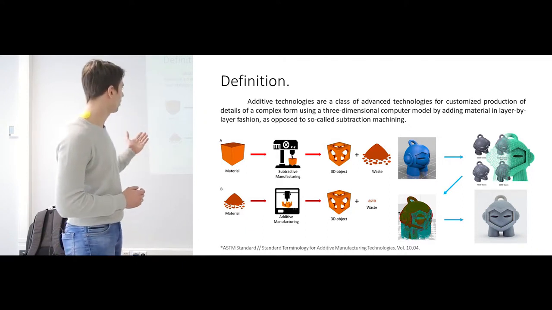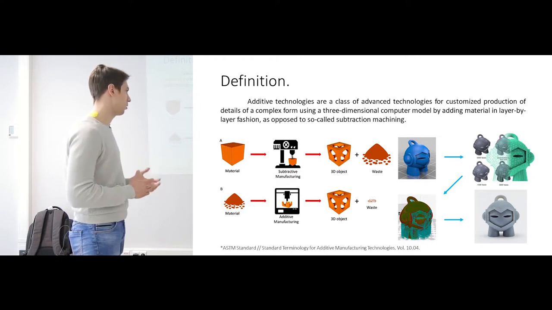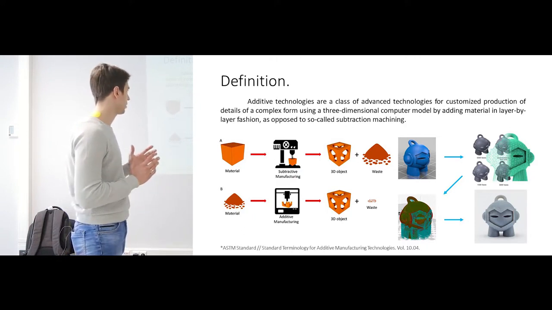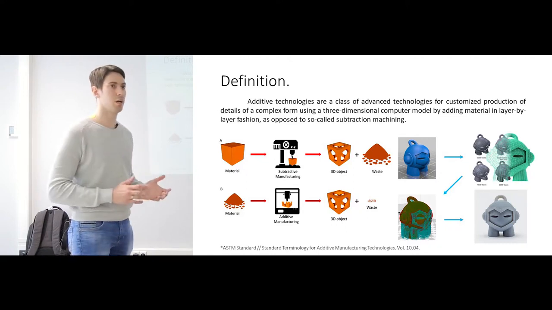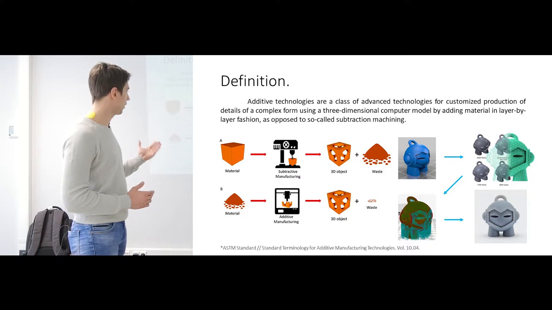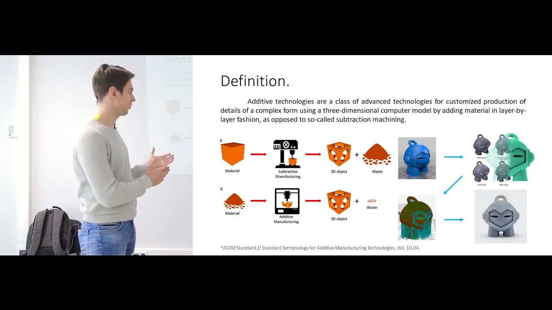So as you might see on the picture, you start with the material. Depending on each technology, it comes in different forms. Let's consider, for example, fused deposition modeling. It comes as a filament, and you're adding layer by layer until you get the 3D object.